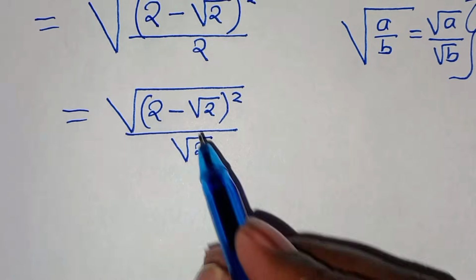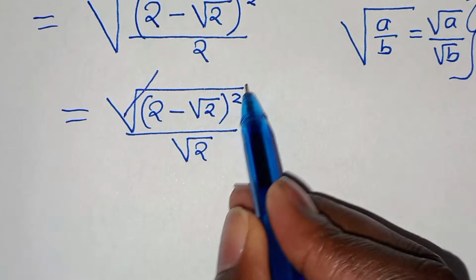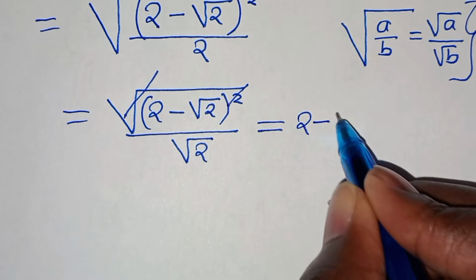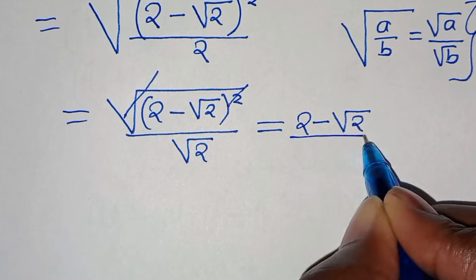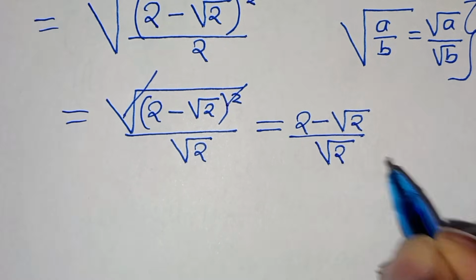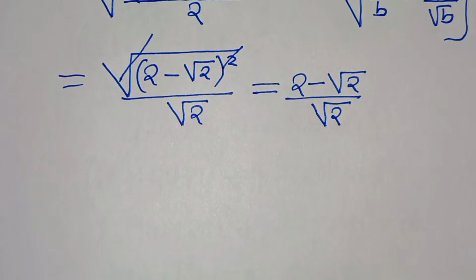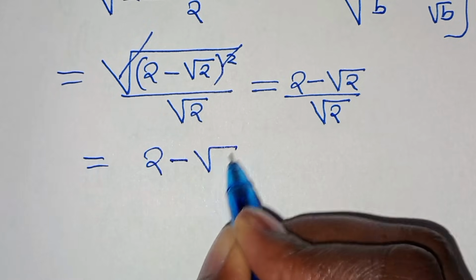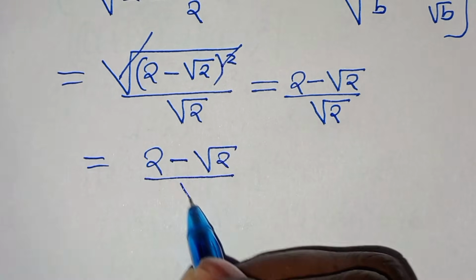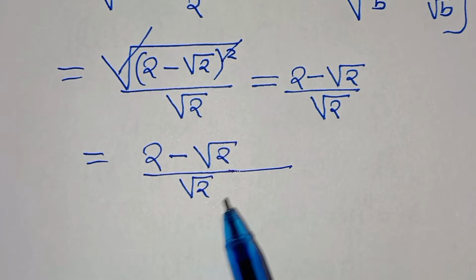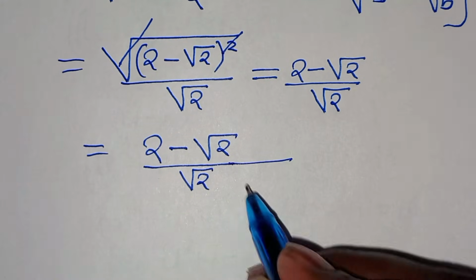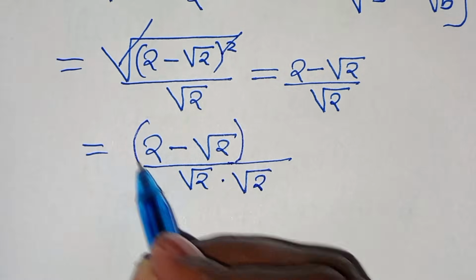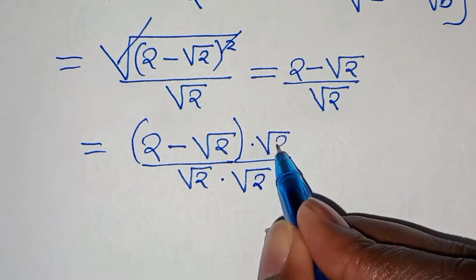So we can eliminate the square root sign in the numerator here, so that this is equal to 2 subtract the square root of 2 divided by the square root of 2. Now let's rationalize the denominator. That means we multiply here by the square root of 2, and also the numerator by the square root of 2.